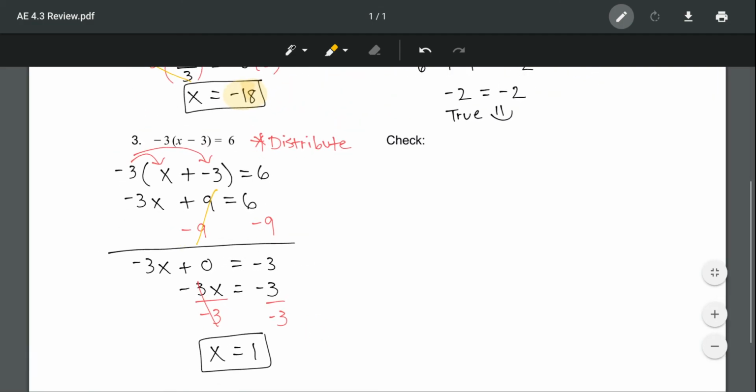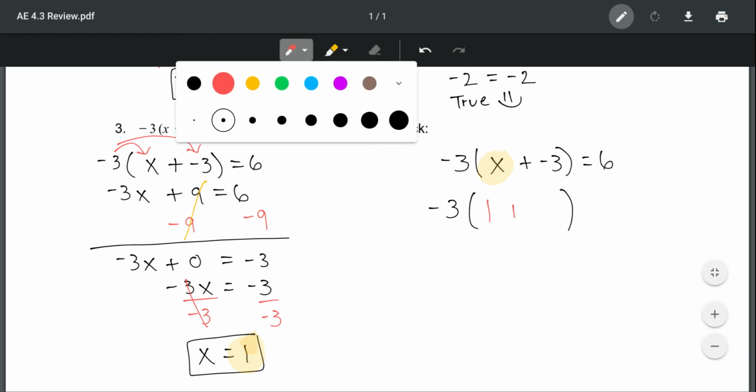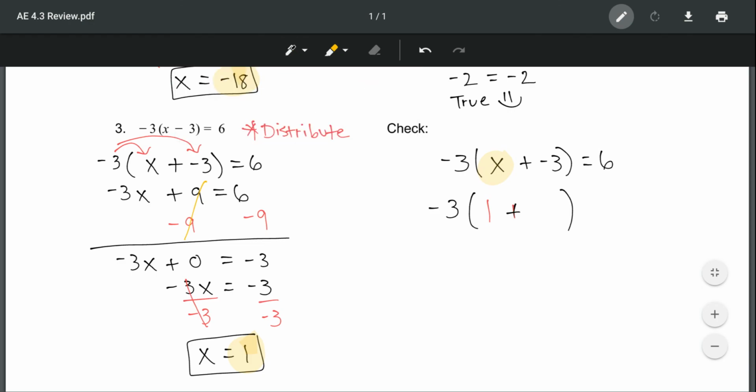Now to check, copy the original problem. I'm going to rewrite the one that has addition in it. So negative 3 times the quantity x plus negative 3 equals positive 6. Replace x with positive 1. So negative 3 times the quantity 1 plus negative 3 equals 6.